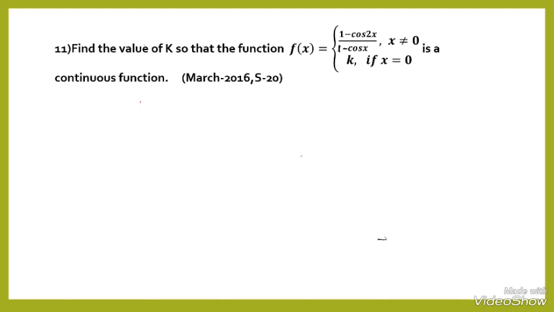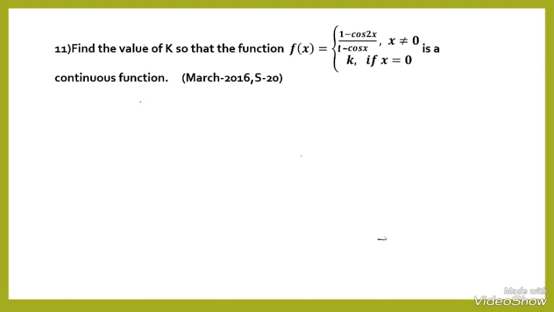So, I can replace 1 minus cos 2x by 2 sine square x, divided by, here also I can replace, because we don't have any cos x formula. I will divide x by 2. Then it becomes 2 into sine square x by 2, which is of the allied angle.